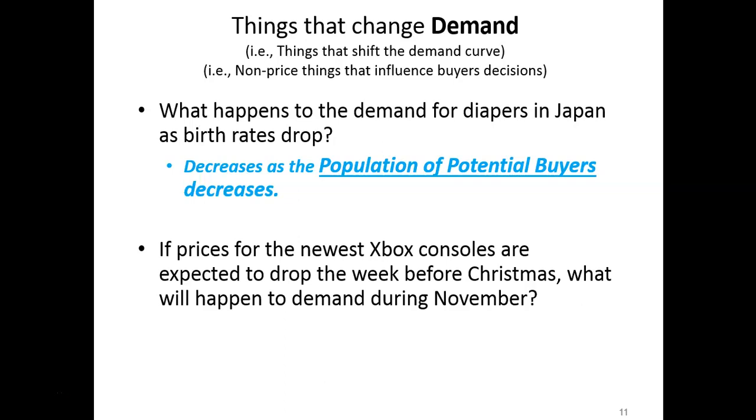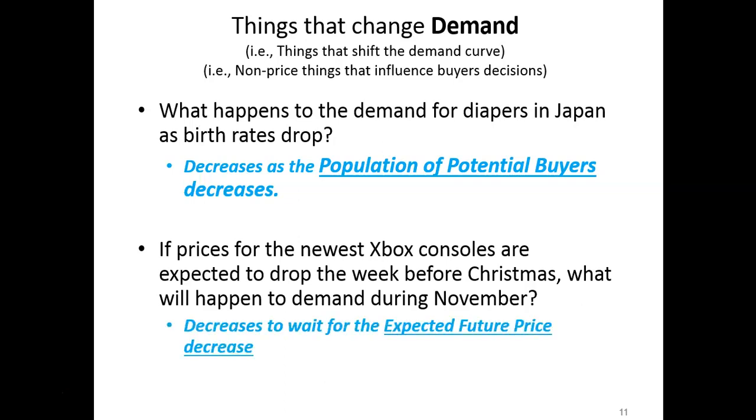Okay, if prices of newest Xbox consoles are expected to drop the week before Christmas, what happens to demand in November? Well, if collectively people are expecting prices to go down in the future, likely demand is going to decrease before that expected future drop because people are going to wait for prices to drop.